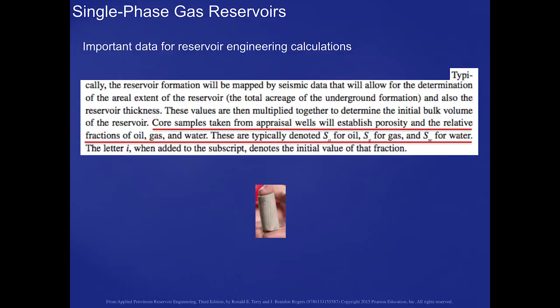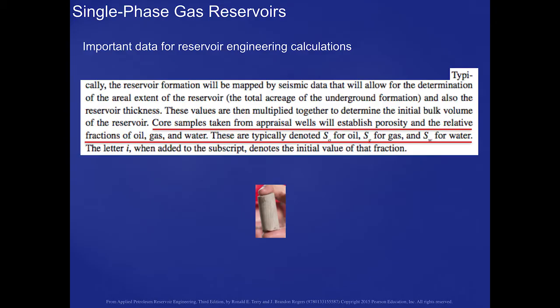Another source of data that we need is what we call core samples. We typically will take, as this diagram shows you, 1 inch in diameter, about 2 inches long, samples of the rock structure itself, and we'll do that at every 1 foot intervals in the pay zone. We'll bring those core samples to the surface, and we will measure saturations.